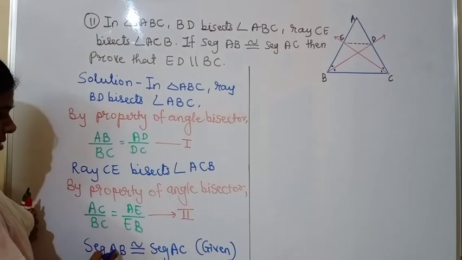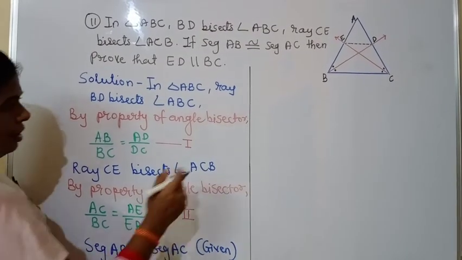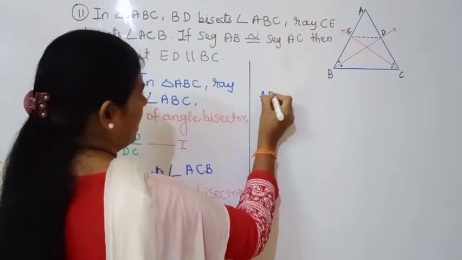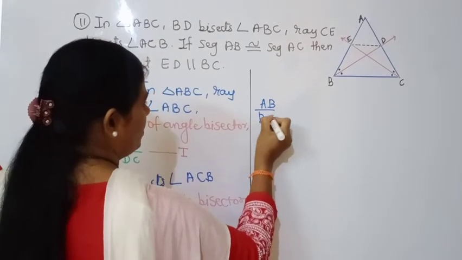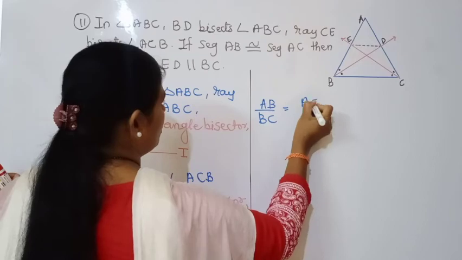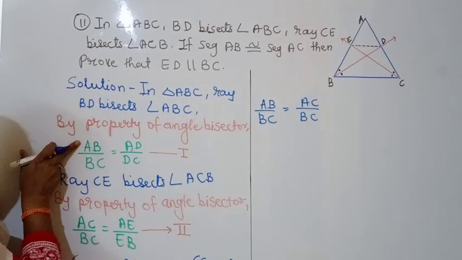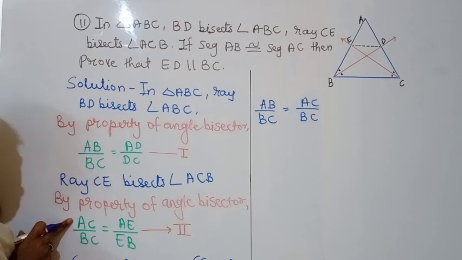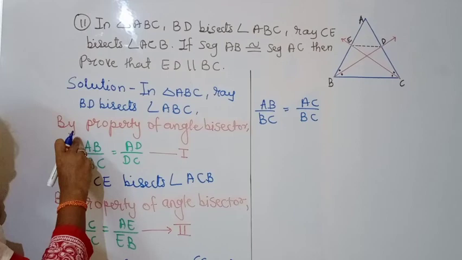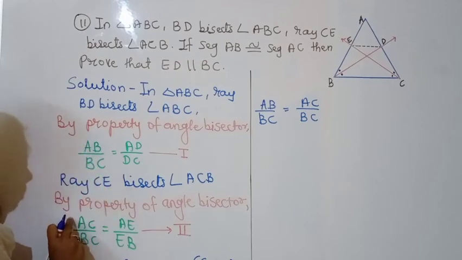And as this AB is congruent to AC, what will we get now? That is AB upon BC is equal to AC upon BC. So what we get from this is AB upon BC is equal to AC upon BC.